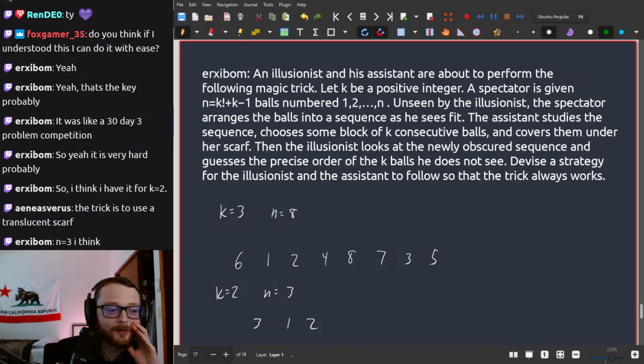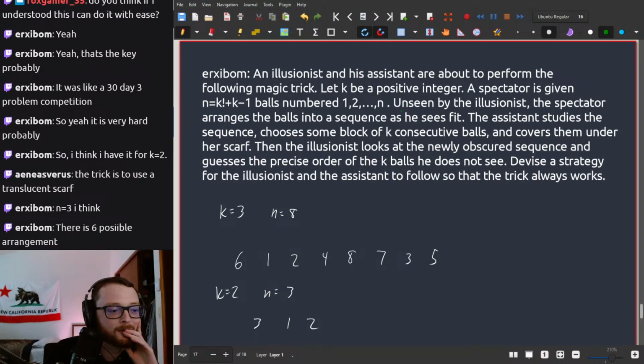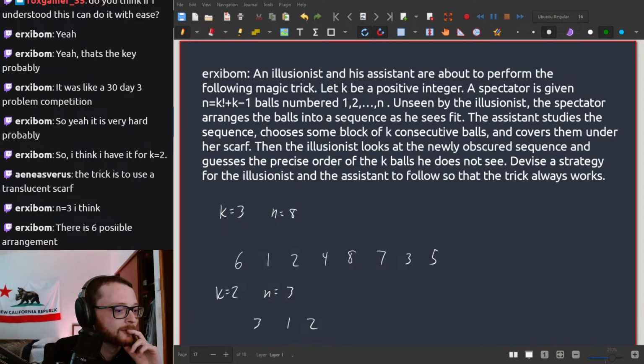You need to do cases, I guess. Like you could agree to always cover up the 1, and then based off whatever numbers remaining, communicate some type of message. Somehow.